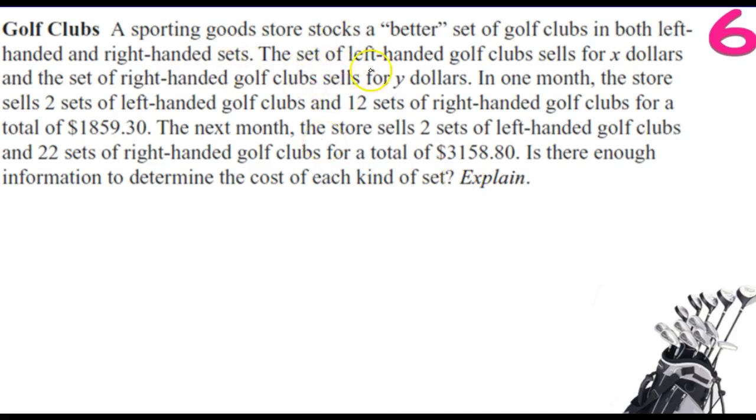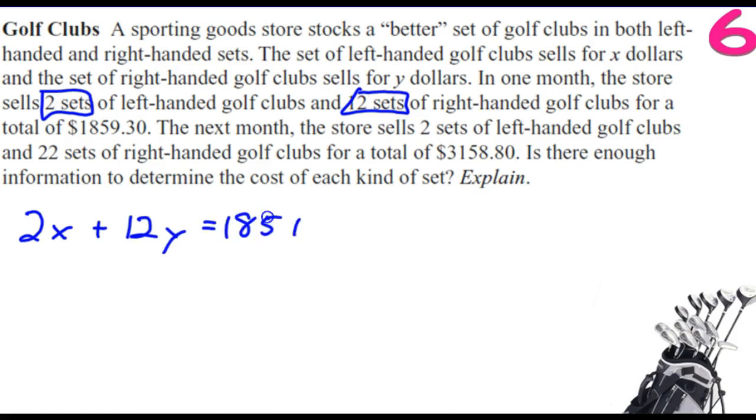So we know that the left hand sells for X dollars. So the first month they sell 2 sets of left-handed. So 2X. Then they add to that sale of 12 sets of right-handed. Right-handed is Y. So 12 times Y equals $1,859.30.